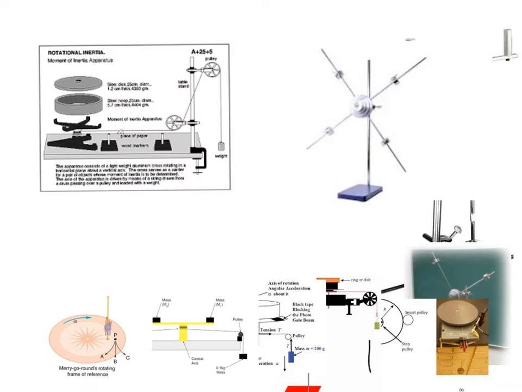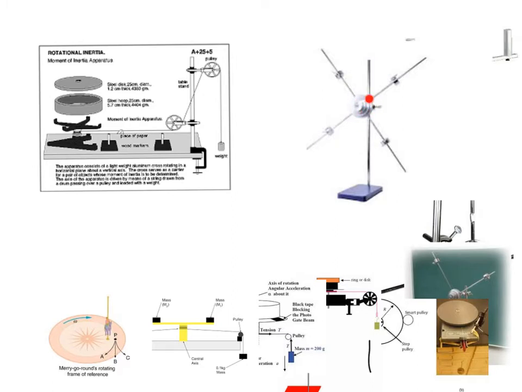So if we were in real meetings, if we were in school on campus, the lab and the kind of demonstrations I would be showing you in the class would involve these two apparatuses. This one stands maybe 3 feet tall, and it's kind of like a bicycle wheel.